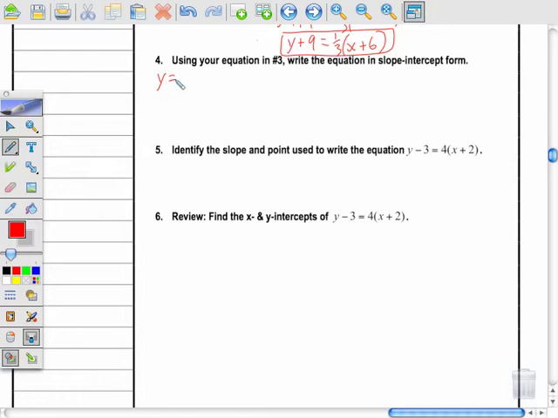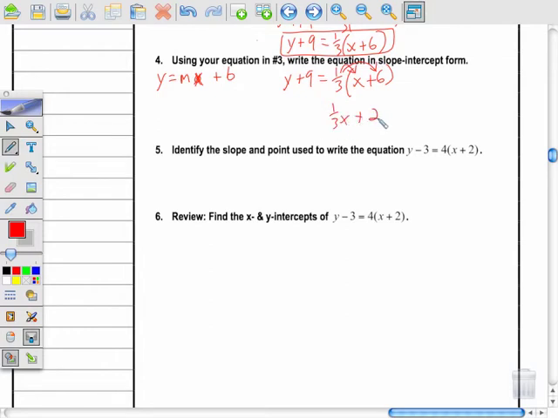Okay, using that equation, write it in slope-intercept form. So again, when we get done with this, we want it to be y equals mx plus b. All right, we started off with y plus 9 equals 1/3 x plus 6. Distribute out.